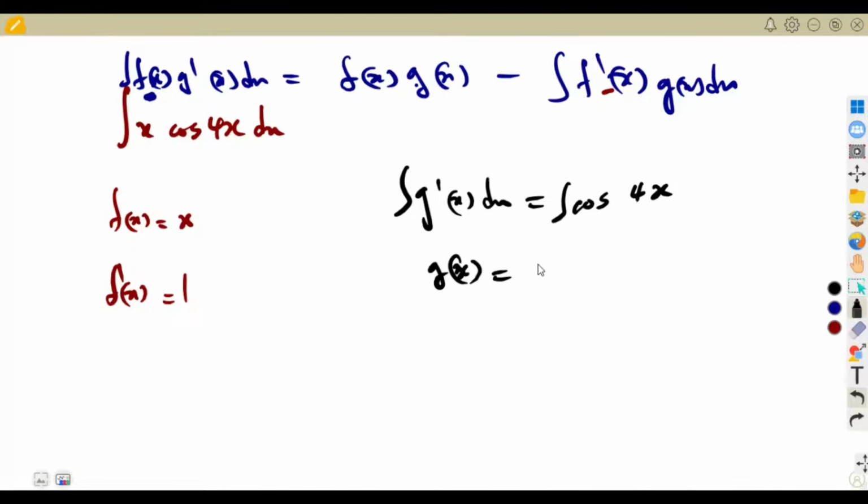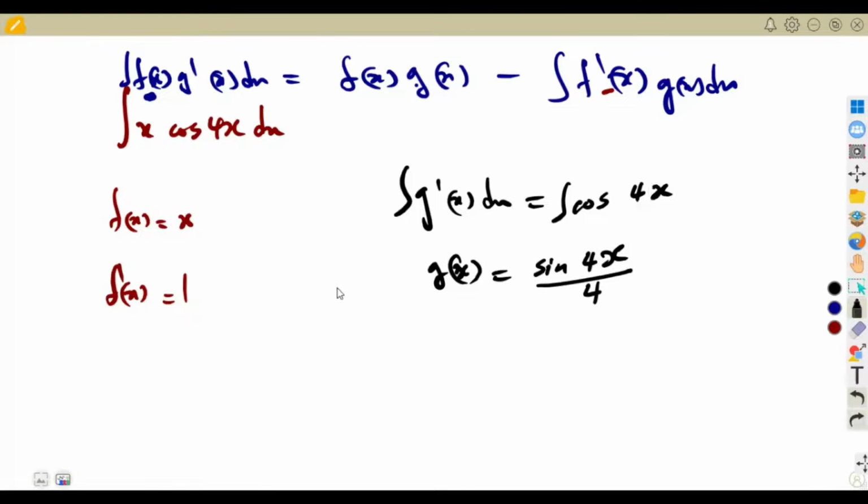Remember, the integral of cos is a sine. So this will be sine 4x over 4. Remember, we have to divide by this term: the integral of cos ax is sine ax over a, so this is our a here.